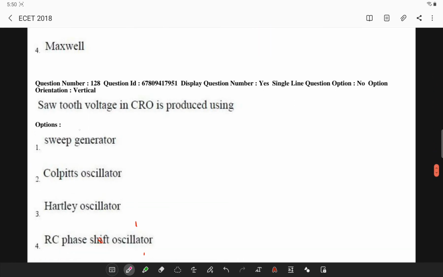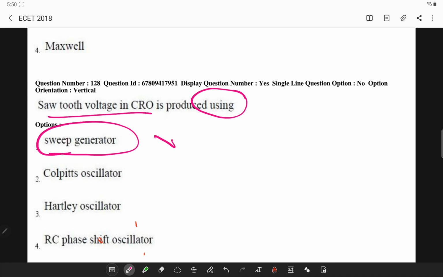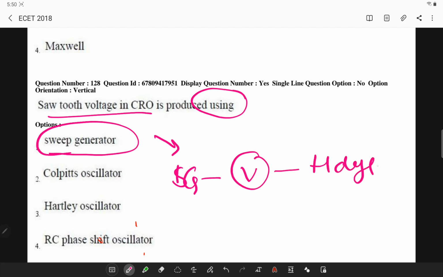Next, sawtooth voltage in a CRO is produced using a sweep generator. The purpose of a sweep generator is to develop a voltage at the horizontal deflection plate that increases linearly with respect to time.